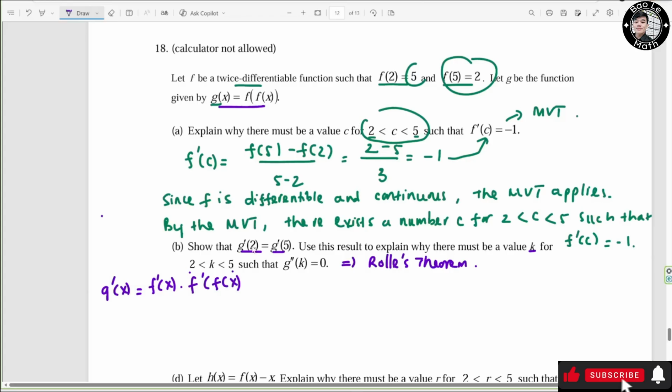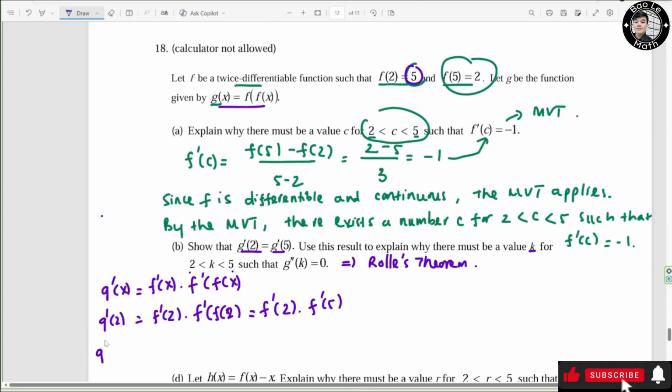Now we need to calculate g prime of 2 and g prime of 5 to see what happens. So we have g prime of 2 equals f prime of 2 times f prime of f of 2. f of 2 equals 5, so it's f prime of 2 times f prime of 5.